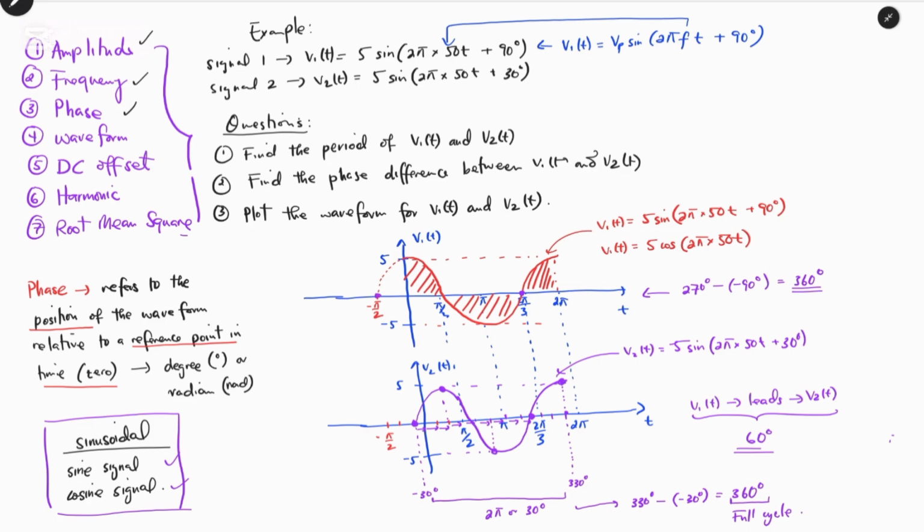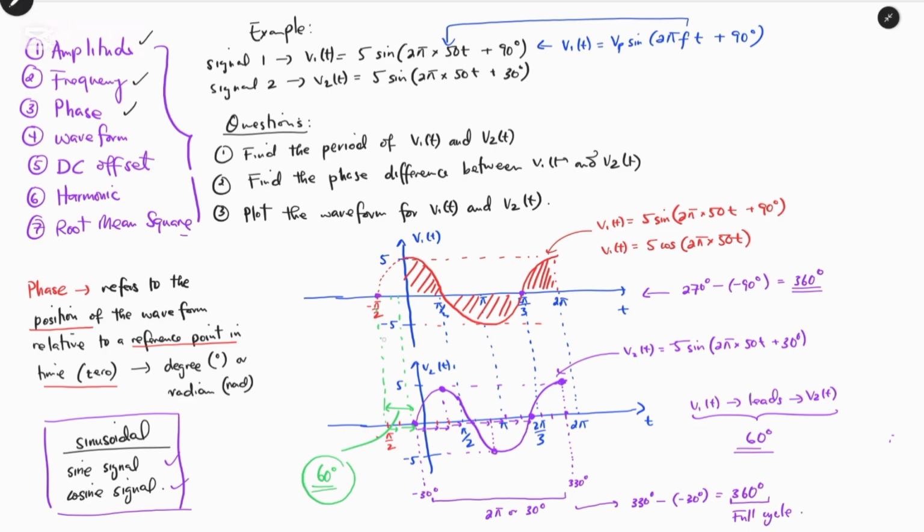We can see that from this region, and we can have 1 and 2. So it is leading, and this region is now the 60 degree phase shift. From here to here is 30, from here to here is 60. So it is proven that V1(t) leads V2(t) by 60 degrees.